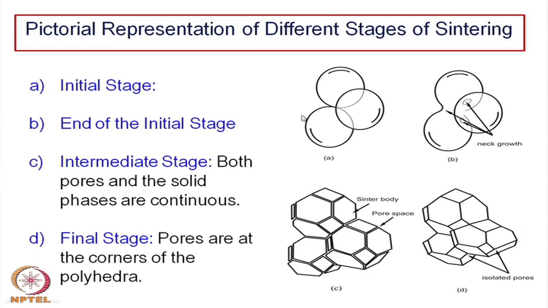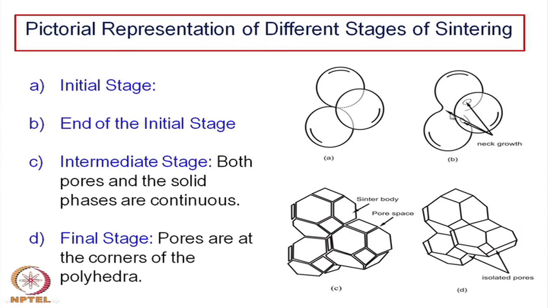So, this is what we start with, and then the second one, B, is the end of the initial stage. We can say it is not the initial state, it is the starting point. The changeover from this to that, whatever the time frame is and whatever the physical or geometrical changes take place, that includes the initial stage of sintering.